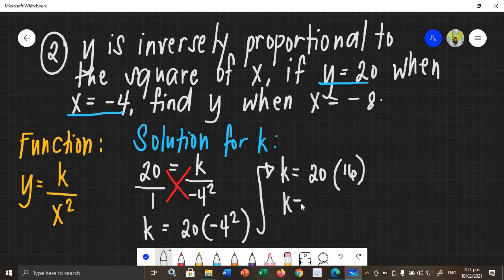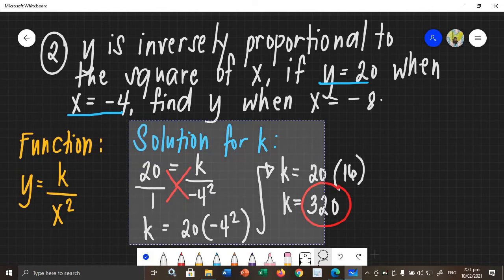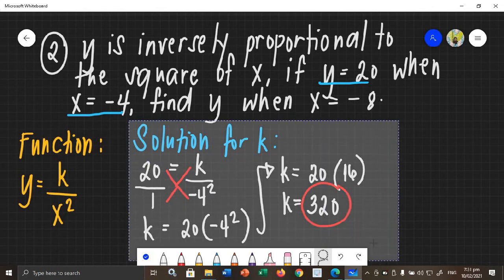Okay? K is equal to 20 times 16 is equal to 320. So, 320 is the value of your k. Now, meron na tayong value ng k. Therefore, we can now solve the value of y.